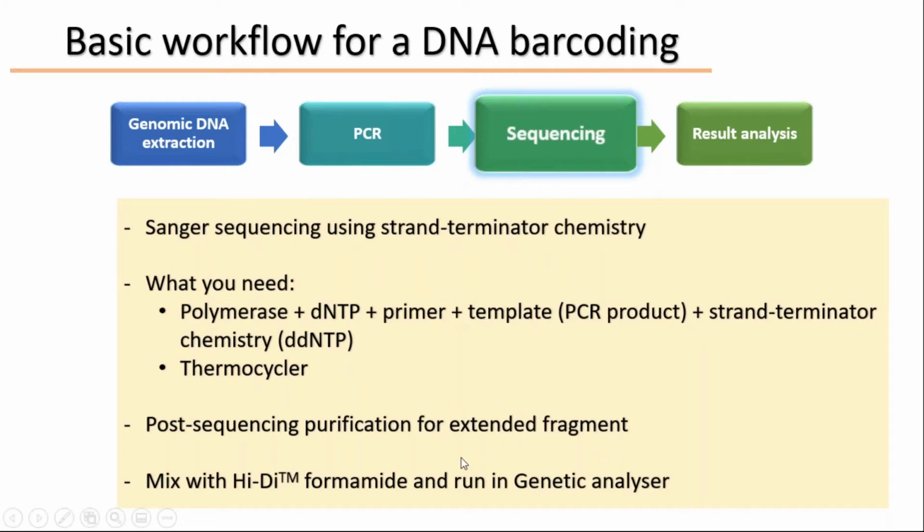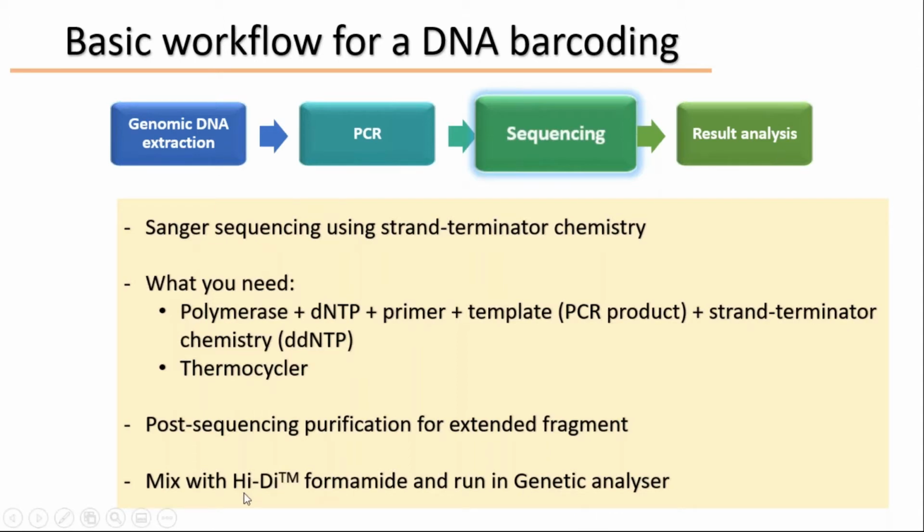Before you run in the genetic analyzer, you will certainly need a post-sequencing cleanup of the extended fragments so that you can clean up all the extra chemistry of the sequencing, to avoid affecting the result when you run in the genetic analyzer.